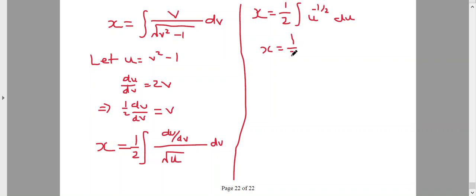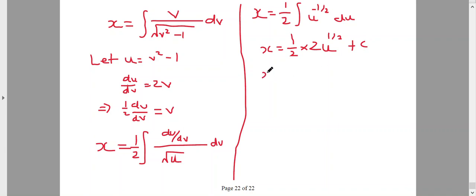Okay, so I now do the integration. So x equals a half multiplied by, so here we're just adding 1 to the power, which is u to the power of a half, and then dividing by the new power, 1 over the new power. So 1 over a half is 2. So it'll be 2 u to the power of a half plus c.